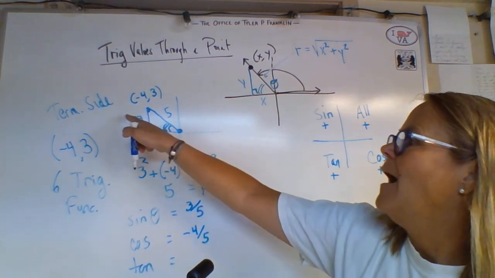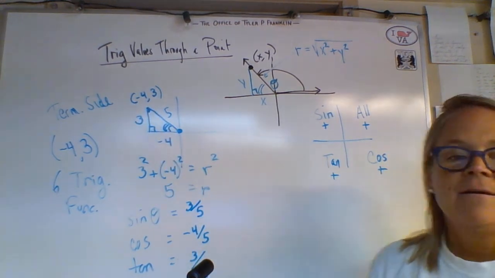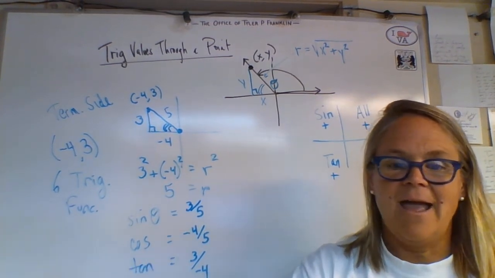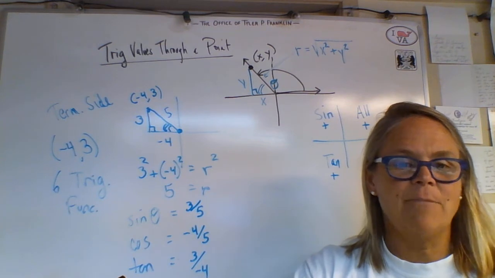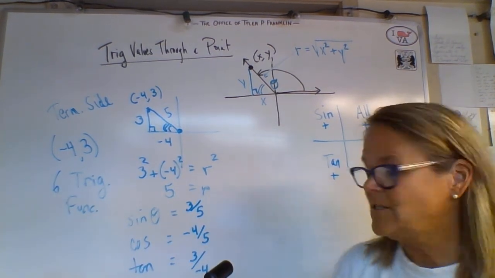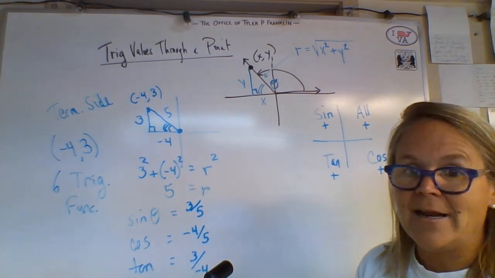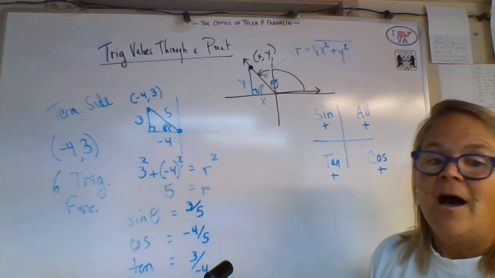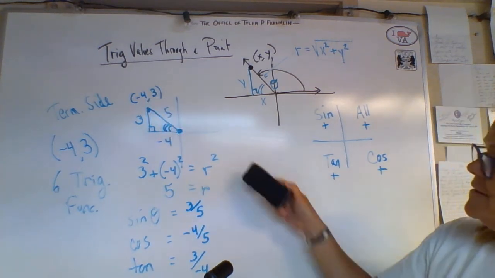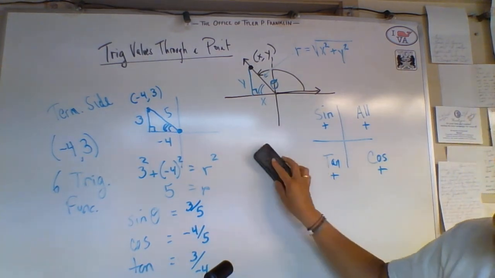Tangent, opposite over adjacent. That's negative 4 if you need to see that. And flip them accordingly. With trig functions, you want reduced fractions, reduced radicals, no decimals. That was in the second quadrant: sine is positive, cosine and tangent are negative.